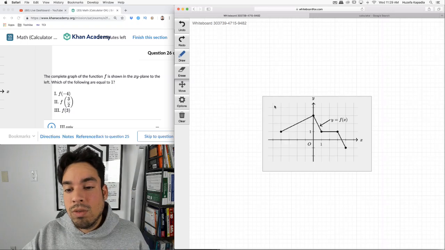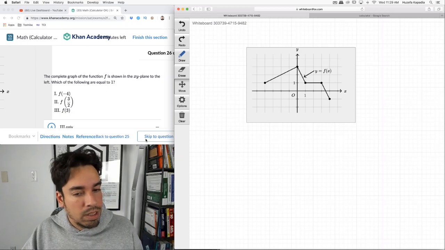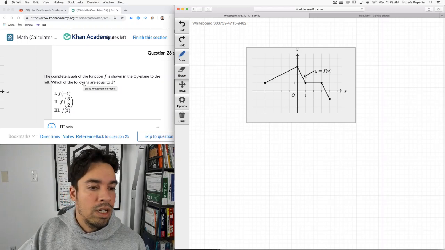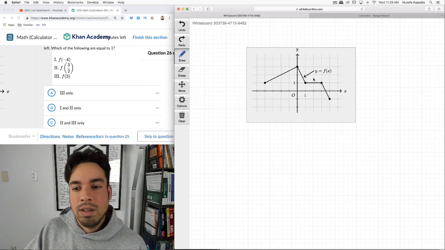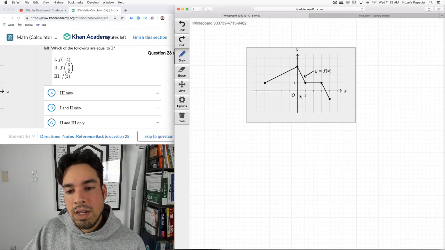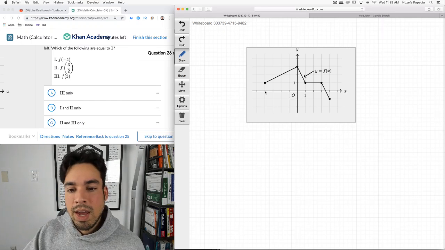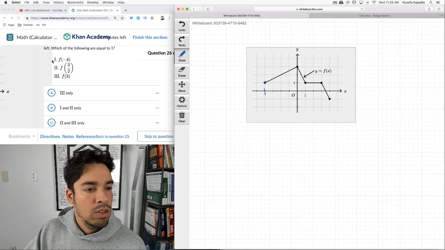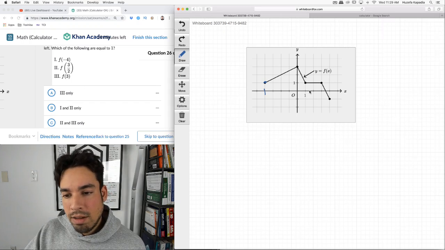The complete graph of the function f is shown in the xy plane to the left. Which of the following are equal to 1? Okay. f of -4 is the y value at -4, which is 1. So that's correct. f of 3 over 2 is 1.5, and it's also 1.